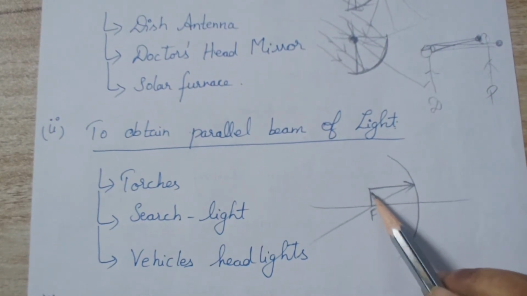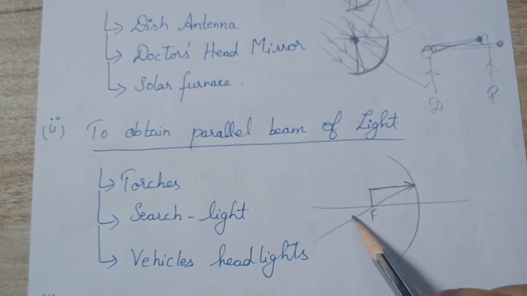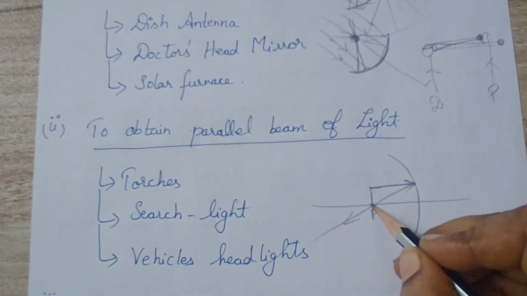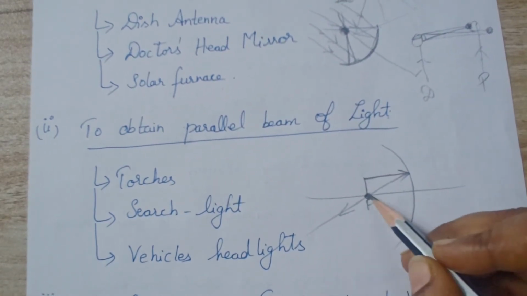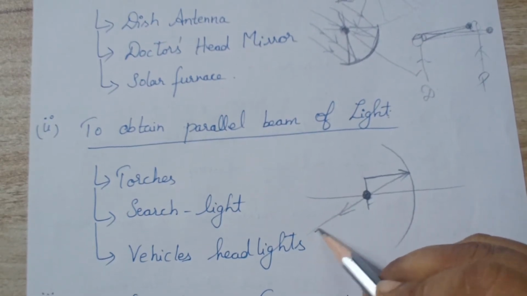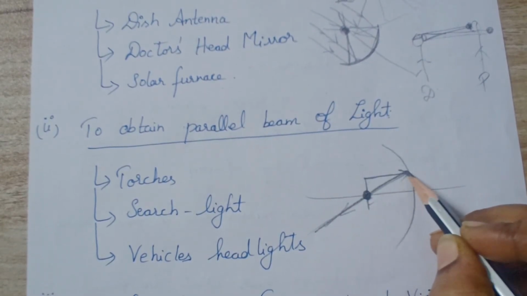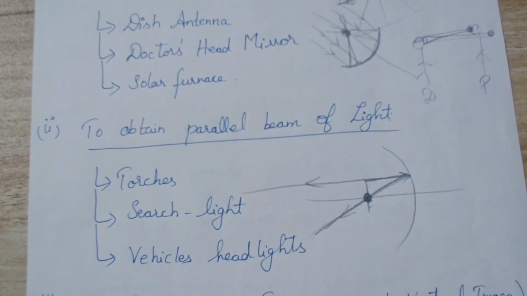So when it is at the focal point, it will be parallel to that and reflected back through the focal point. When something passes through this focus point, for example, if your light source is kept at the focus point, then it will be reflected back parallel to the principal axis, right?